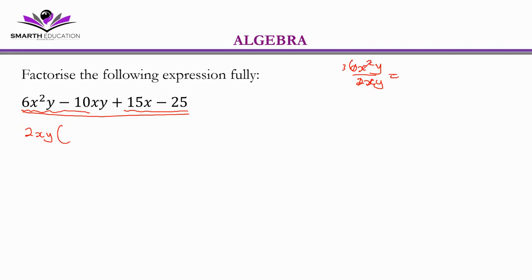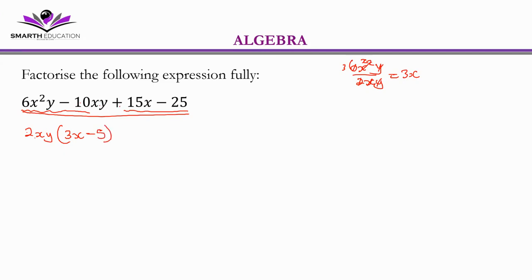So x into x squared, there is x, and then y goes. So we remain with 3x. So we have 3x, and then negative 10xy divided by 2xy. xy and xy will give us 1 if you divide them. If you divide xy by xy, you get 1, and then negative 10 divided by 2, you get negative 5. So this is 5 here.